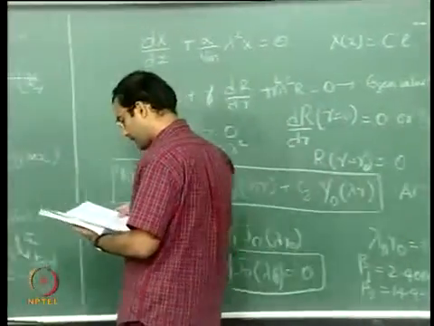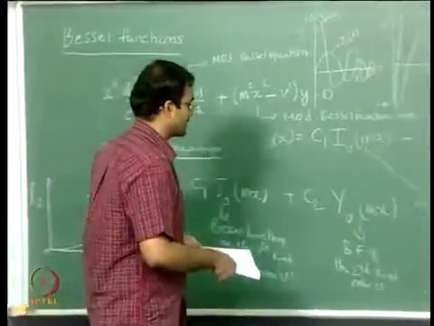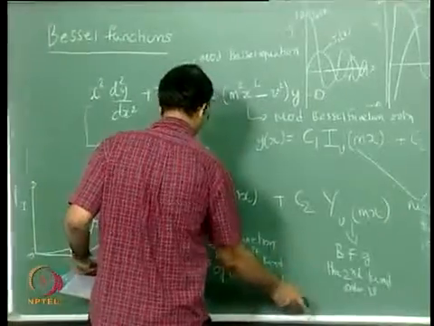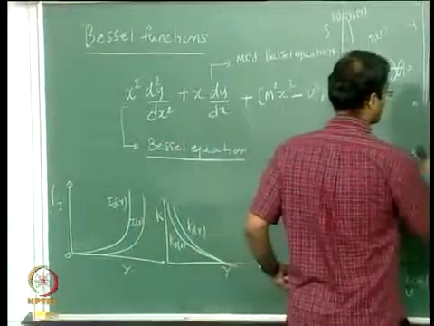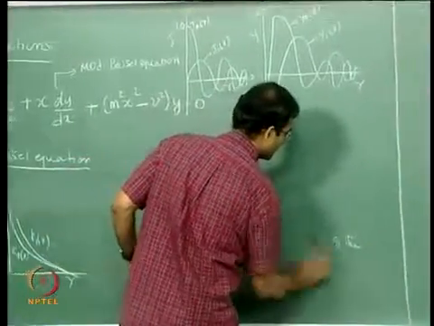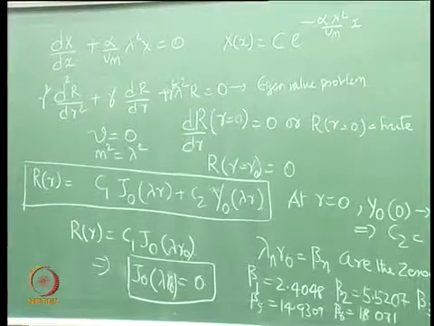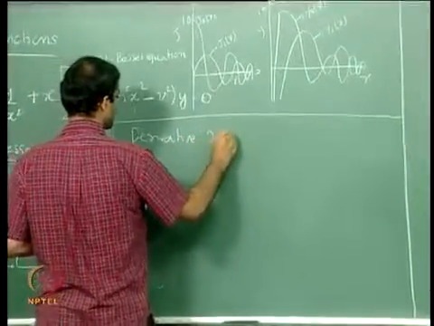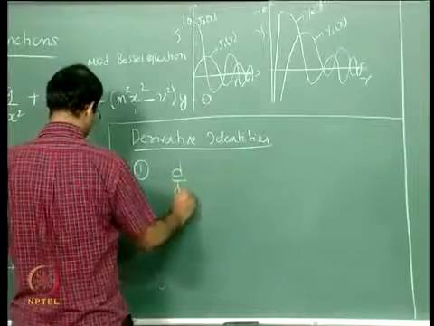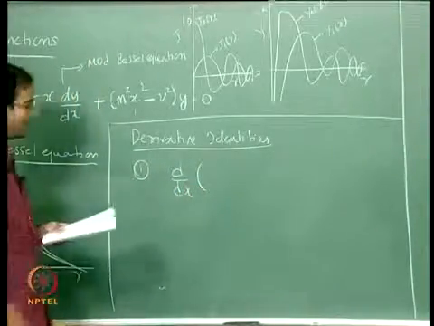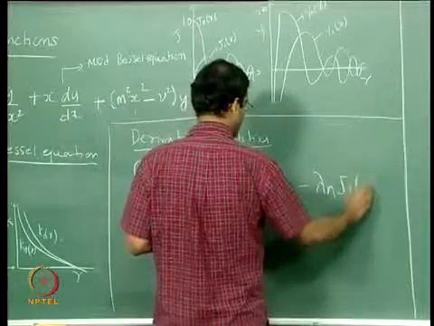All right. So I will give you 2 more properties when you differentiate and integrate the Bessel functions, which are important now. I will give you the derivative identities of the Bessel function. Identity number 1: if you differentiate the 0th order Bessel function of the first kind, j naught lambda n r, that gives you minus lambda n j1 lambda n r.